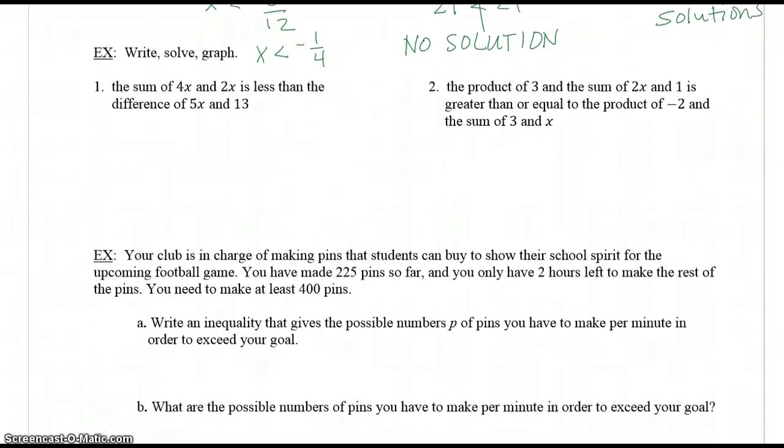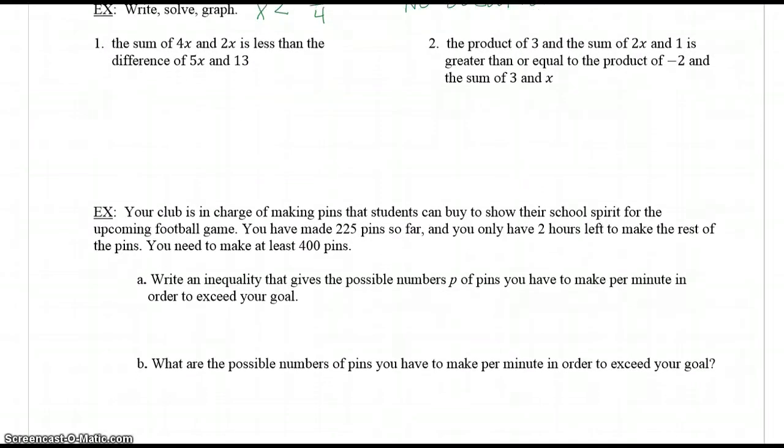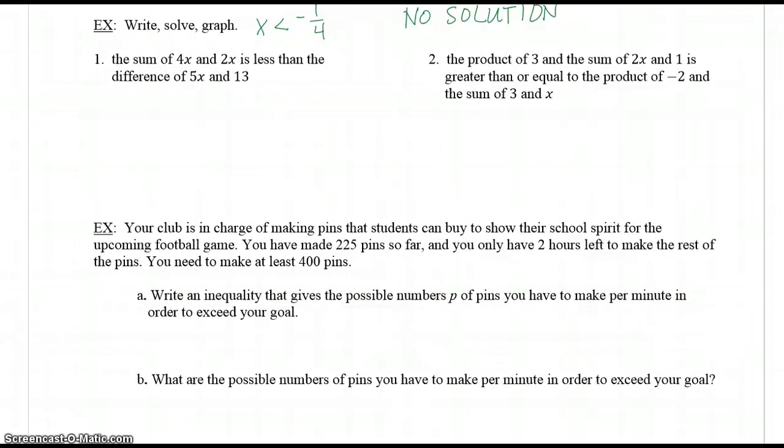Okay, so let's look at some of these word problems. It says write, solve, and graph. The first one says the sum of 4x and 2x. So remember, sum means to add. So we have 4x plus 2x is less than the difference. Remember, difference means subtraction. 5x and 13.